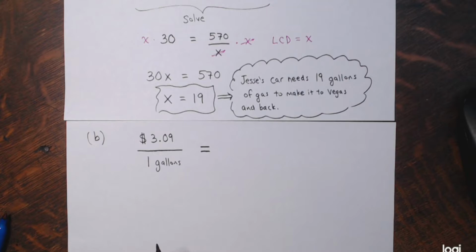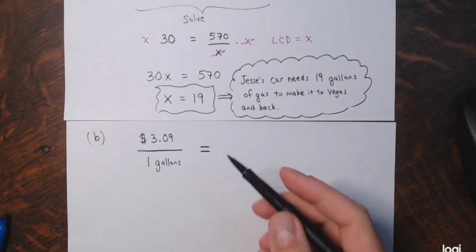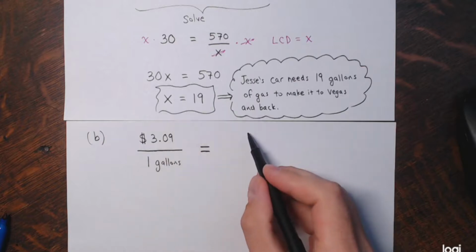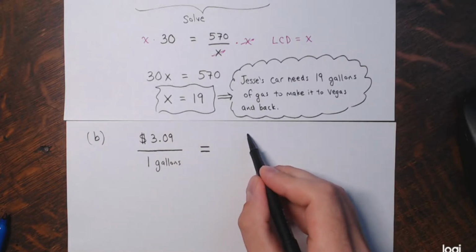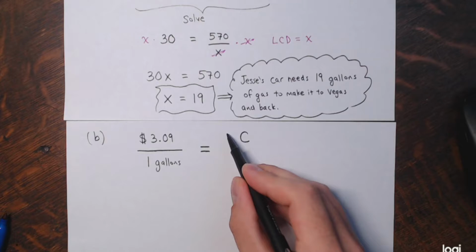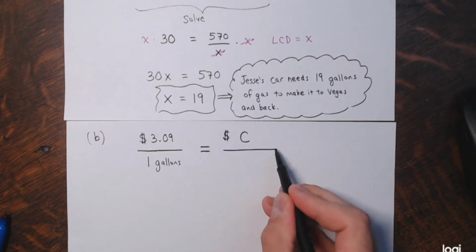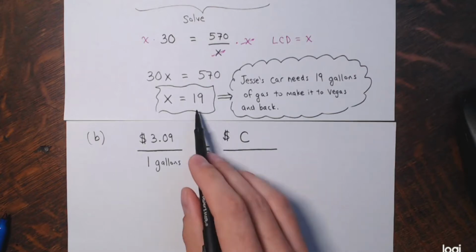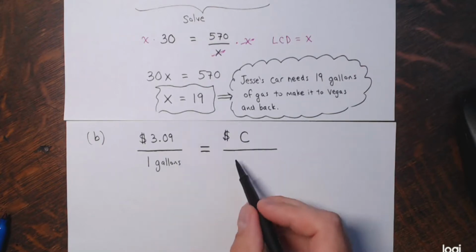Now the total cost is unknown. Since I used X already, I'm going to use C for cost. Cost C dollars. I don't know the cost for the trip, but I do know how many gallons of gas would be used for this trip. That'd be 19 gallons.